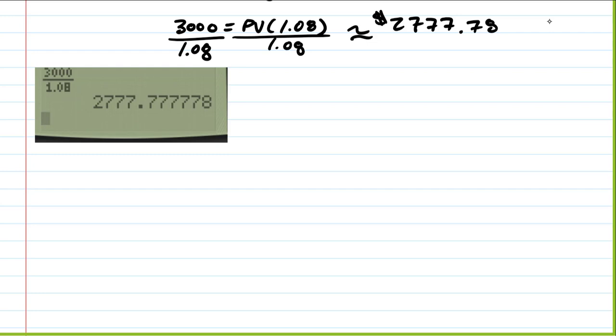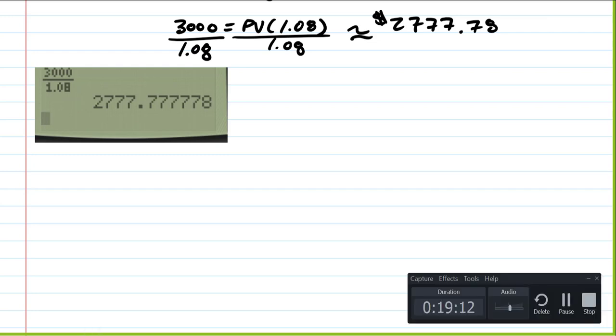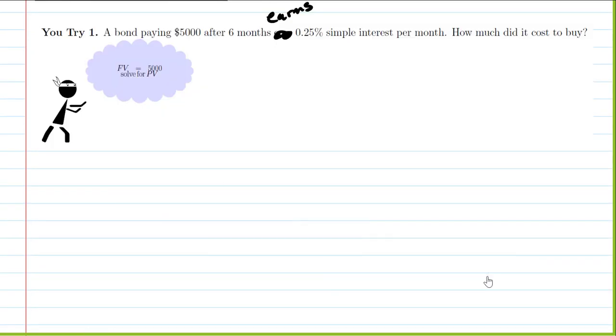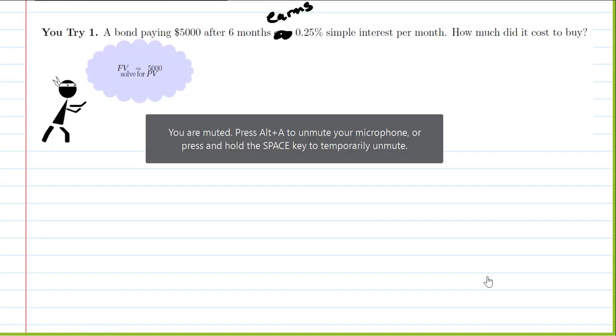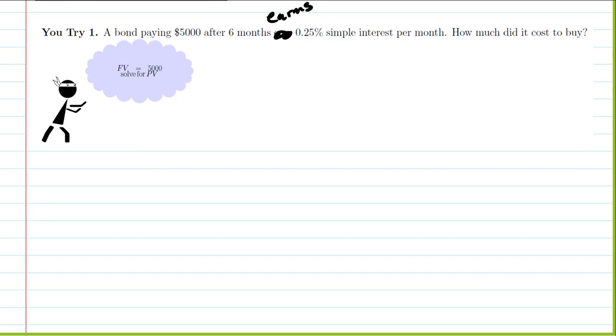Okay, so that brings us to our first you try. All right. So let's go ahead and use our formula. Future value is equal to the present value times 1 plus I times n.